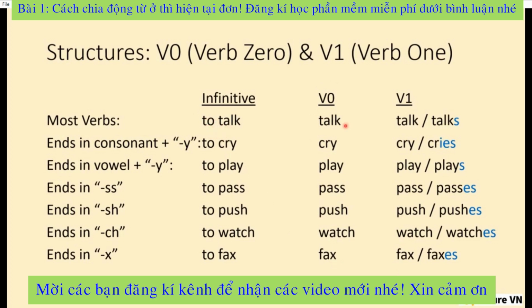So to talk, verb 0 is just talk. To cry, cry. To play, play. To pass, pass. To push, push. To watch, watch. To fax, fax. So verb 0 is also called the bare infinitive because it's the infinitive without to.